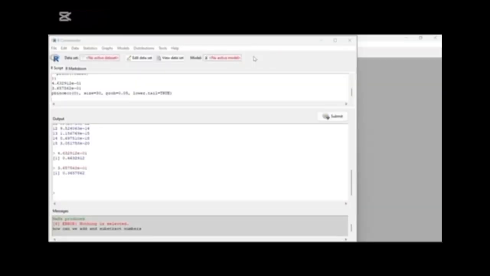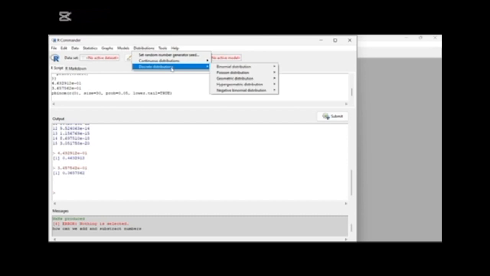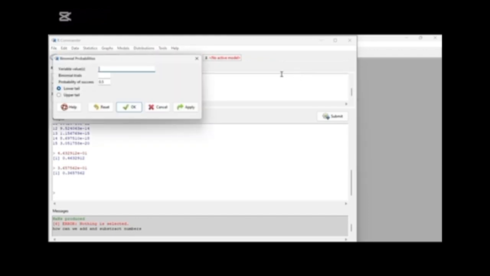To solve part D, we know that 30 bottles are selected, and if exactly 0 bottles are defective, the lot will be accepted, and that's what we are looking for. By doing this, we select Distributions, Discrete distributions, Binomial, and we click Binomial tail probabilities.